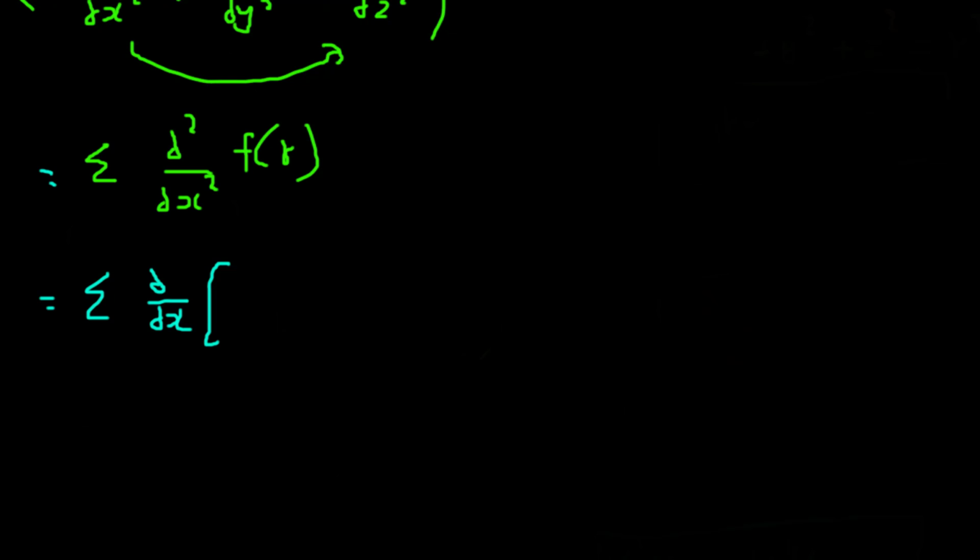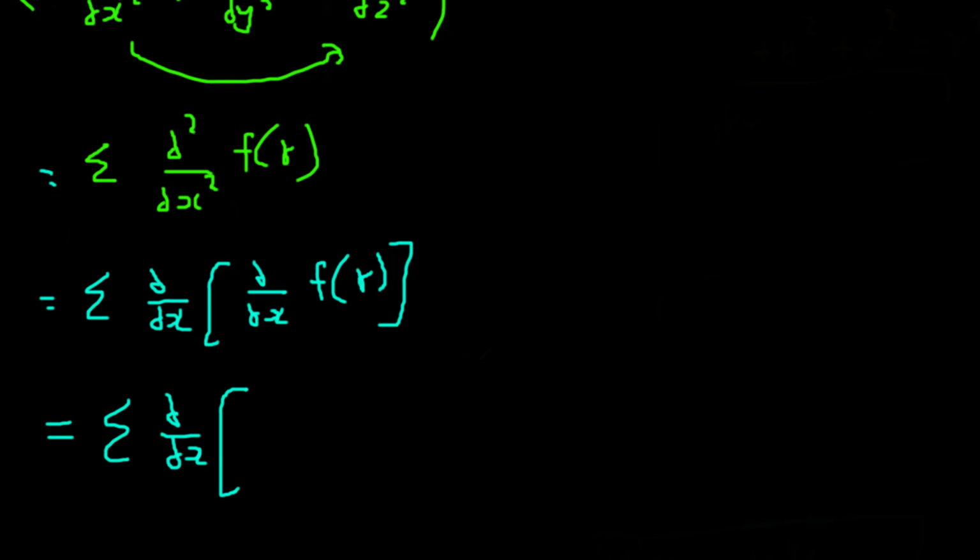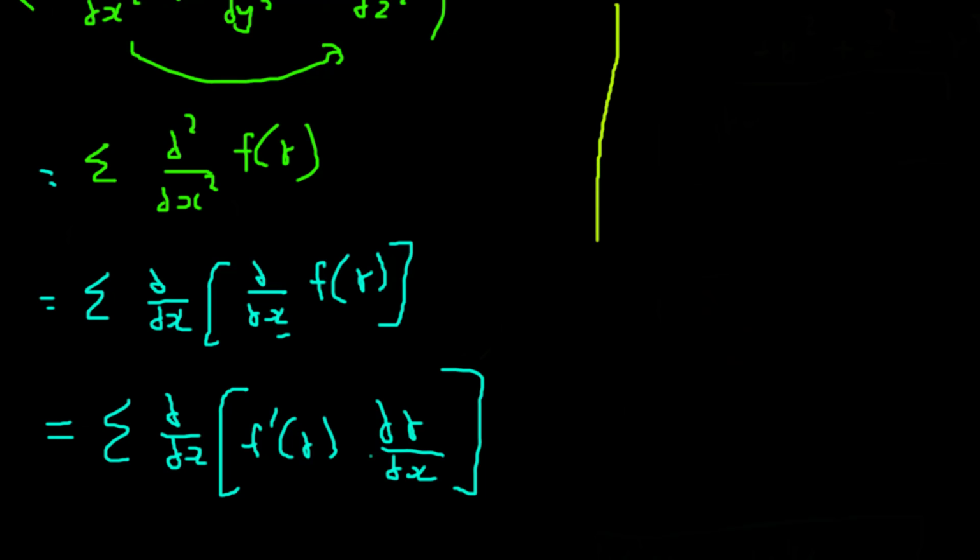We can write this thing as del by del x of del by del x of f of r, and let's partially differentiate this thing. When you partially differentiate, it will be f dash by r, and since we're differentiating with x, it will be dr by dx. Here is the only thing you should know: we are solving this question thinking of r square.